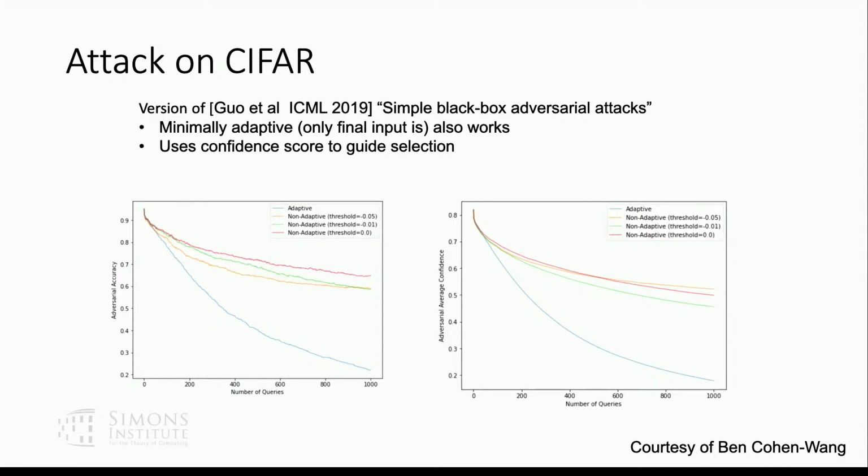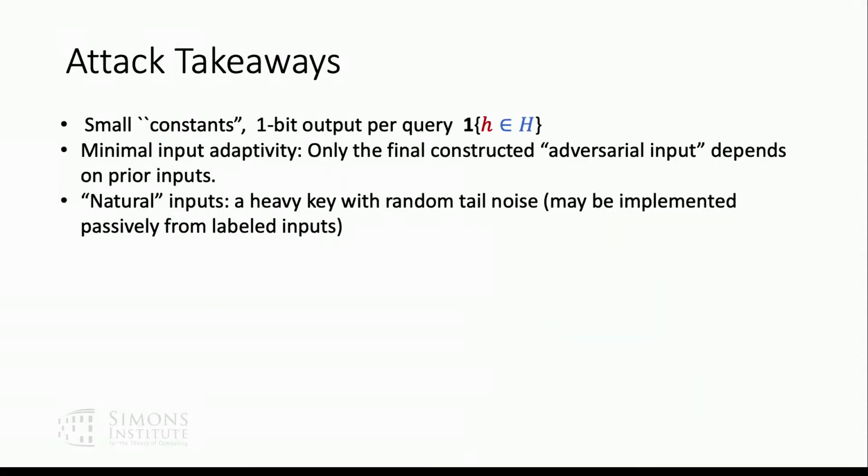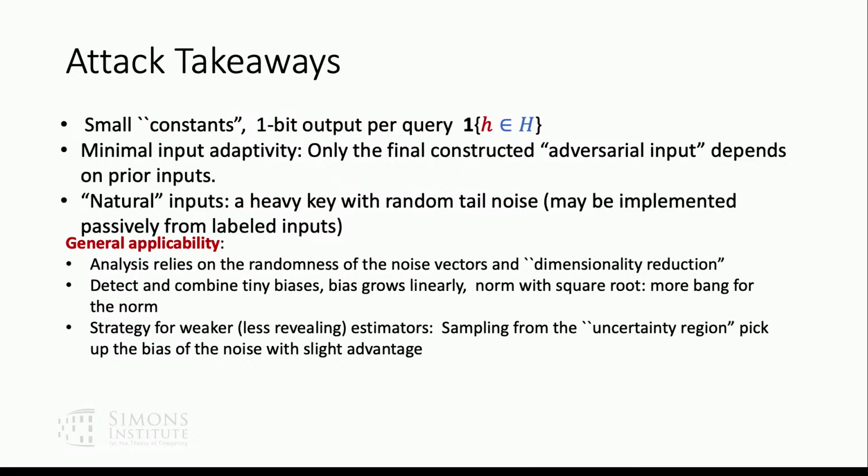To show generally what's going on, and understand this better. These attacks, again, the vectors are simple, natural, almost not adaptive, and they meet this upper bound. And the attack format can be applied generally. So how far can we push it?